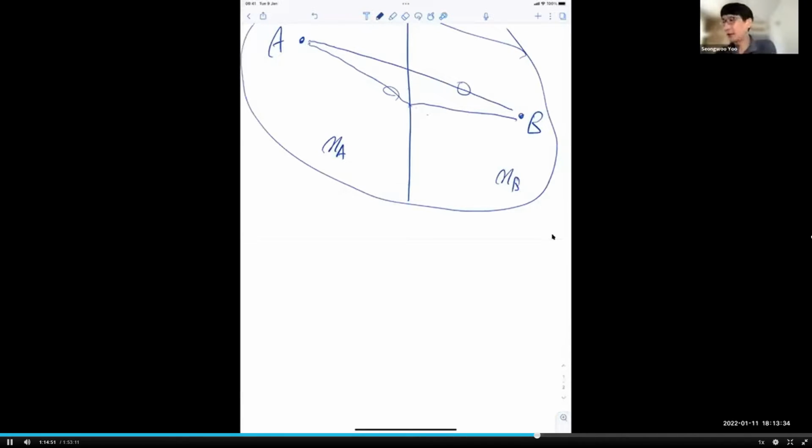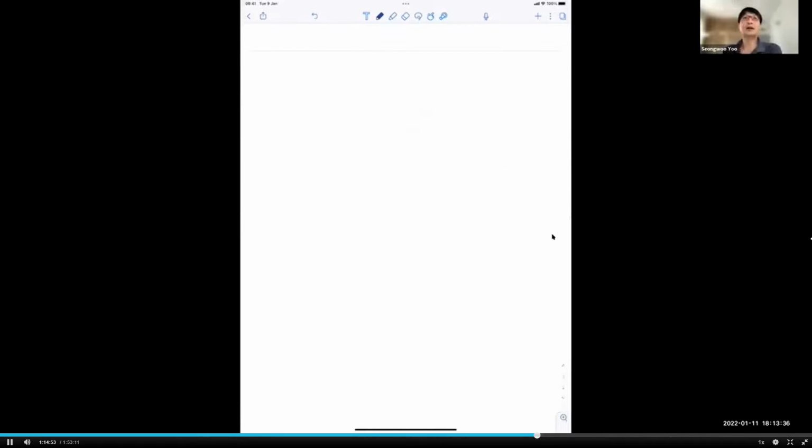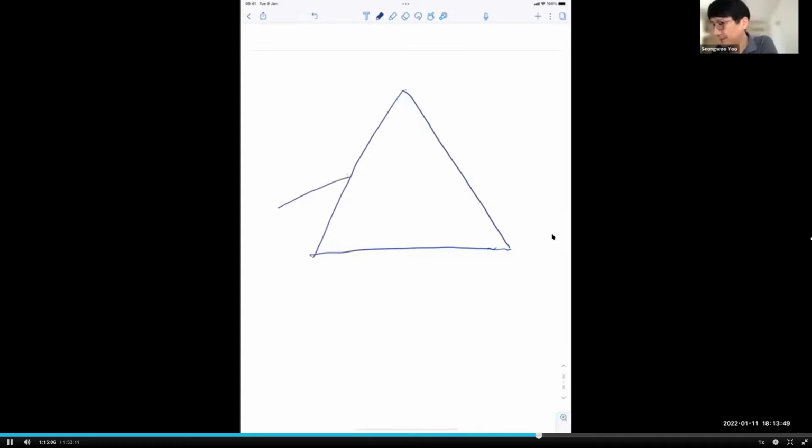All right, what I'm going to do is copy the same diagram in this notepad. So we have this prism, and then we have the incident light.